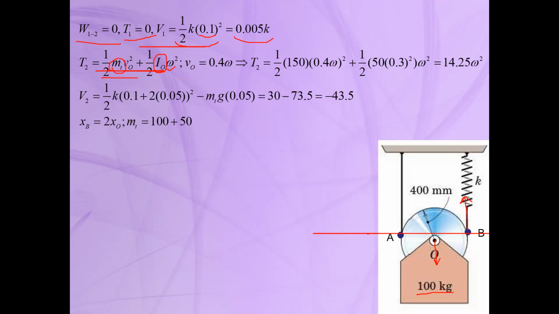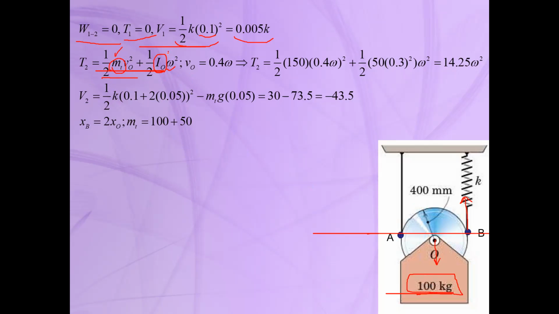You can see that in the rotational kinetic energy, we only consider the kinetic energy due to the sheave because this mass can be considered as a particle, and it has only a translational motion. So this mass will only appear in the first term, which is the translational kinetic energy.